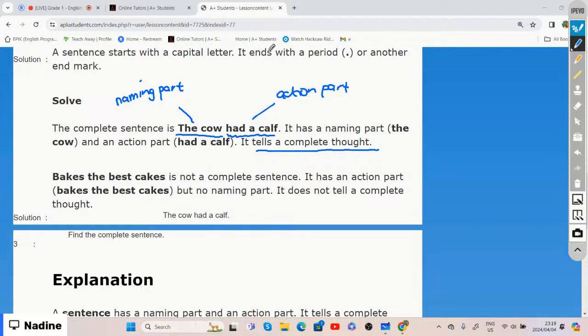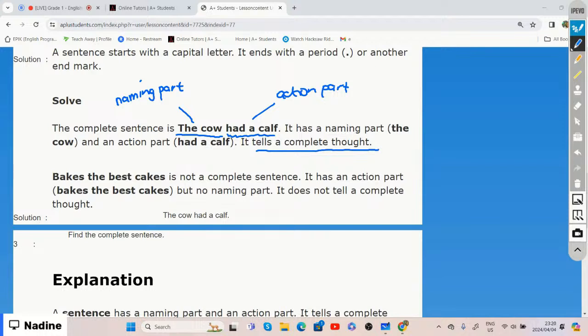All right. And if we look at the other sentence, it says "Bakes the best cakes." So now we need to ask ourselves, who bakes the best cakes? If we say "bakes the best cakes," then we can say this is not a complete thought.